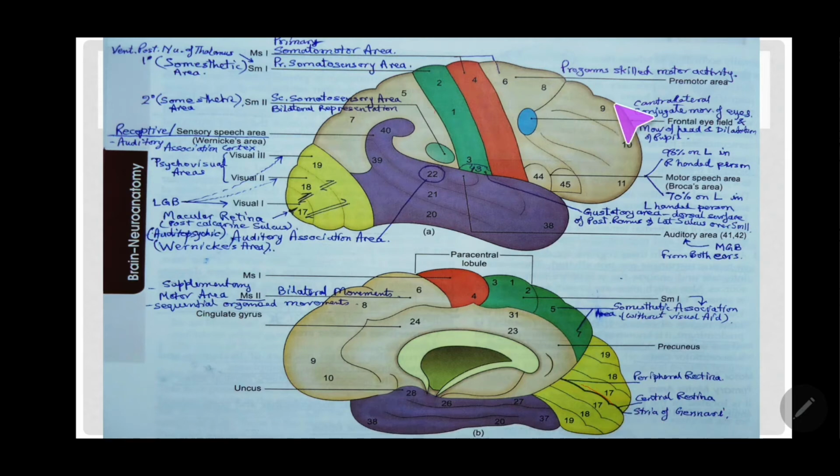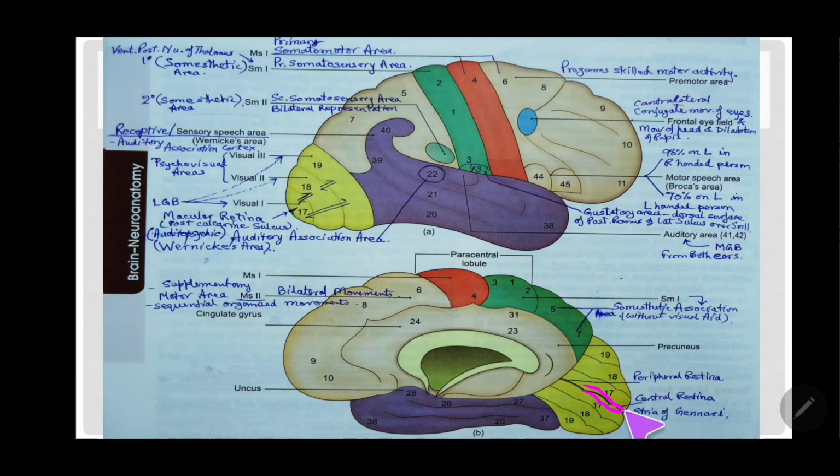Let me use another color. So this area you are seeing is the area above and below the calcarine sulcus. Upper and lower halves of the retina carrying macular fibers relay into the posterior end of the calcarine sulcus, and in the center of the macula is the fovea.